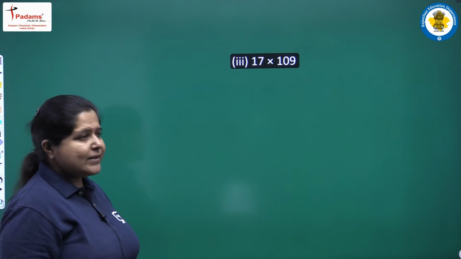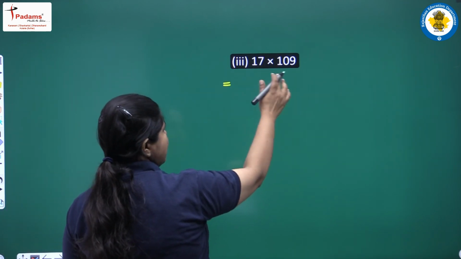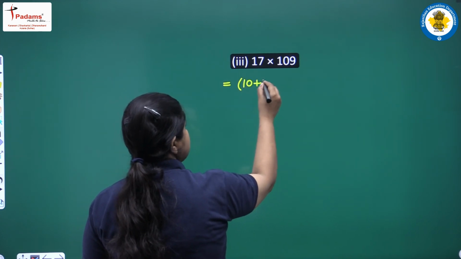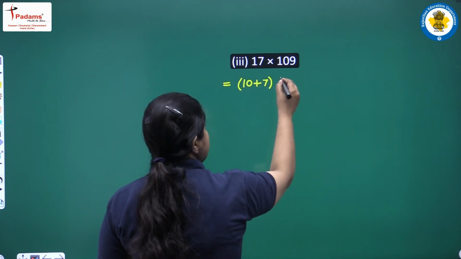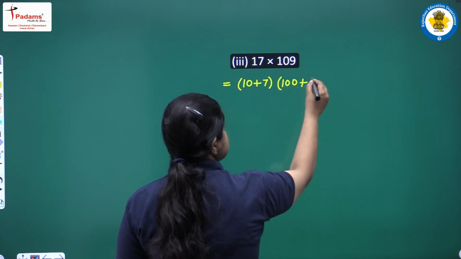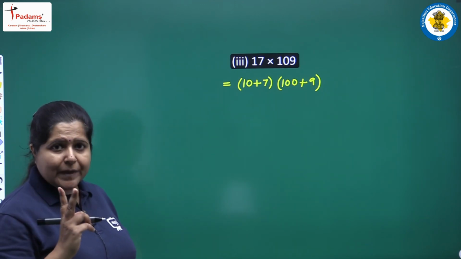We take one more question of this type. Again we can write the expanded form of the two numbers. 17 can be written as 10 plus 7 and 109 can be written as 100 plus 9. Again there are two brackets.